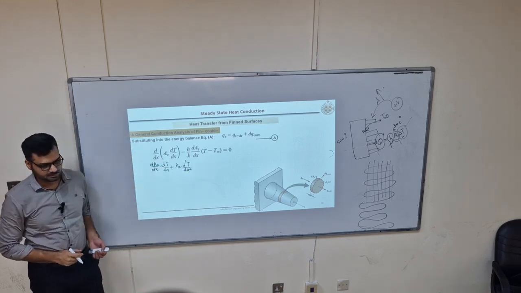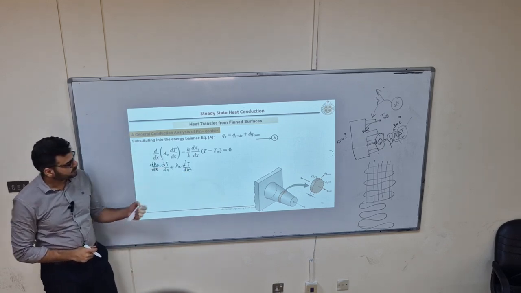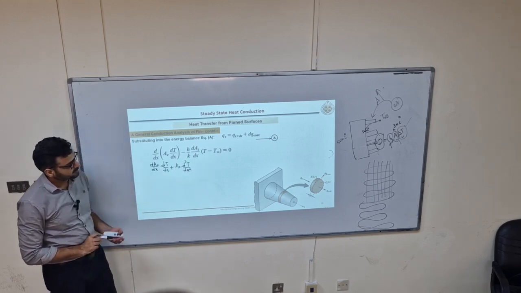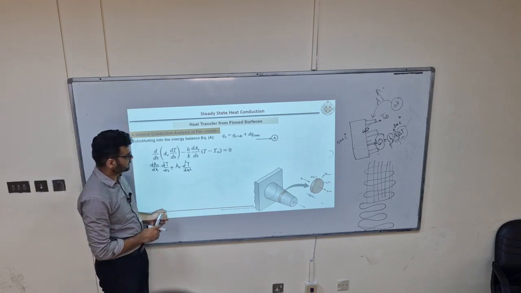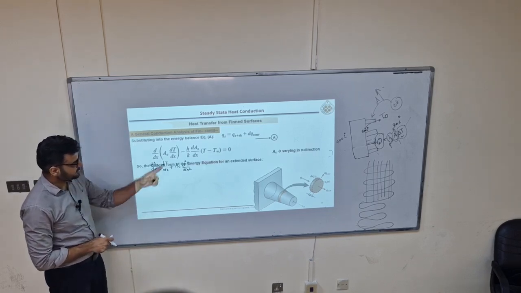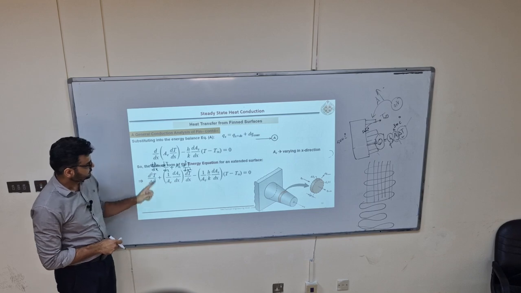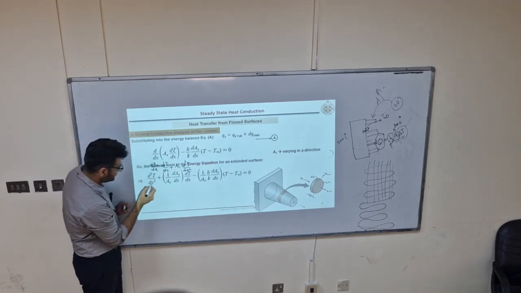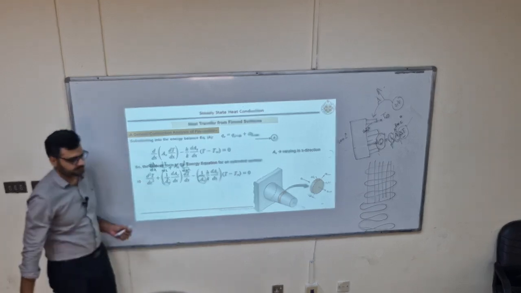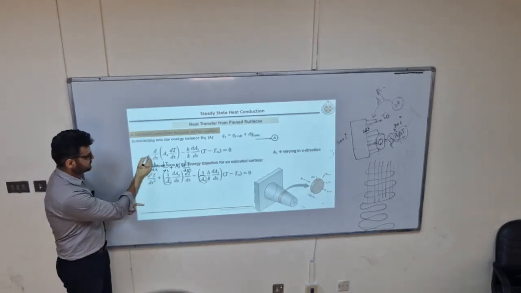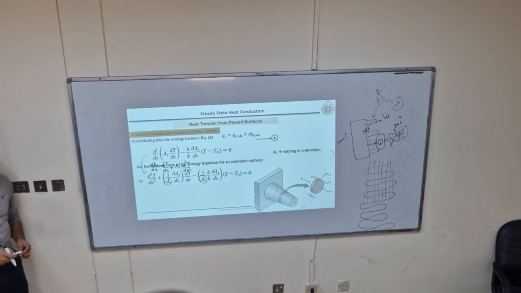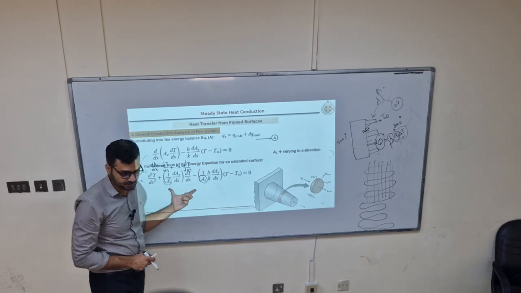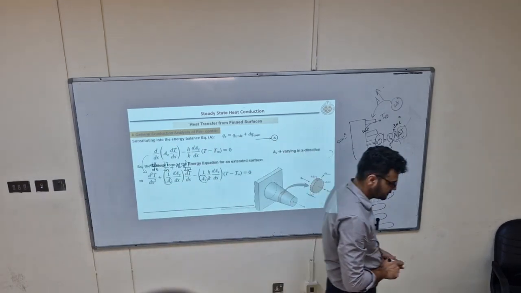That will be this one. Here it will come as it is, dAs. Ac is varying, that's why this will become this. Now he is dividing throughout by Ac. Okay, so from here to here it's clear. Now, this is the differential equation which we need to solve.